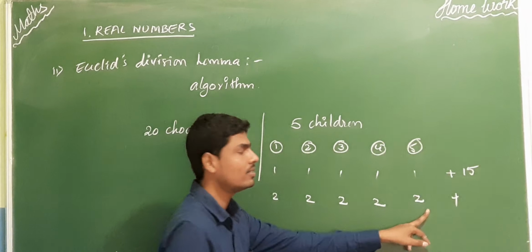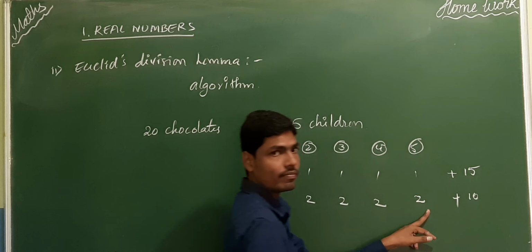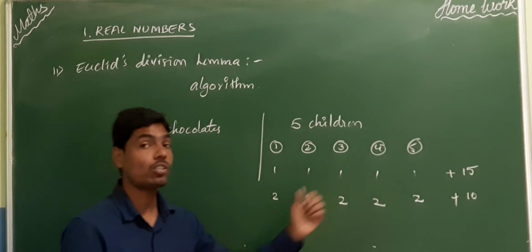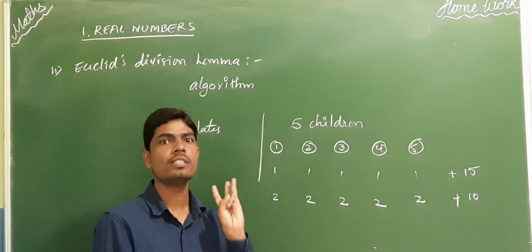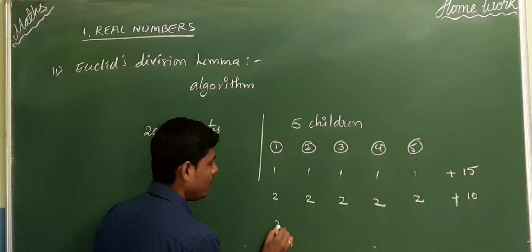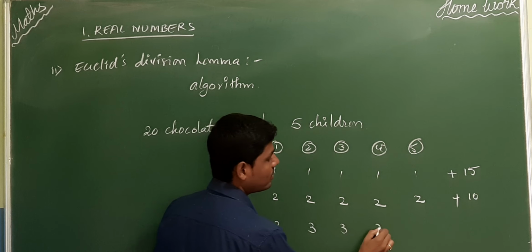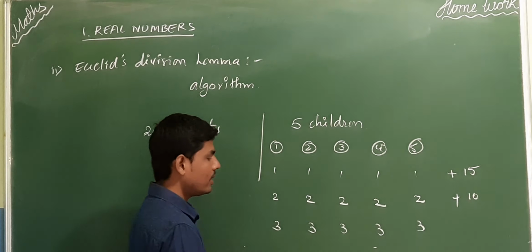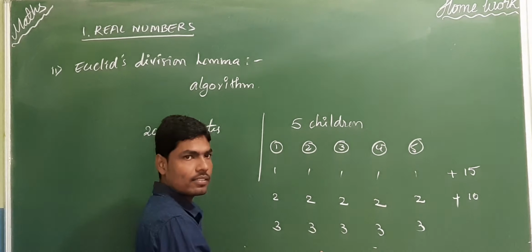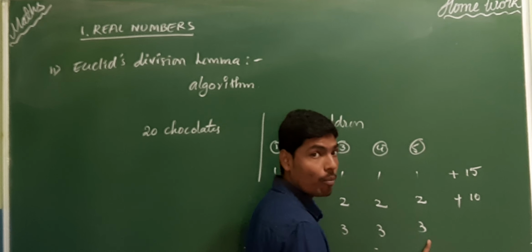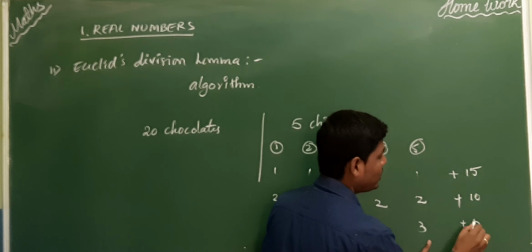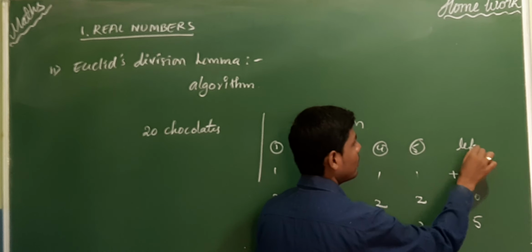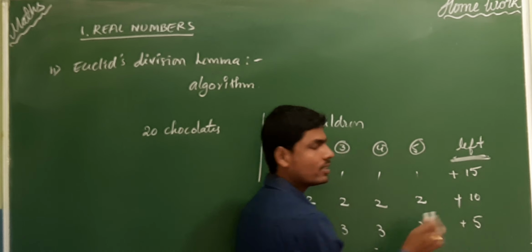How many are left? 10 are left. Next, I want to distribute 3 chocolates each: 3, 3, 3, 3, 3. That is 5 threes, 15. How many are left? 5 chocolates are left.